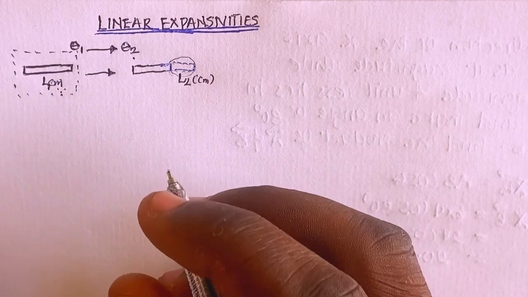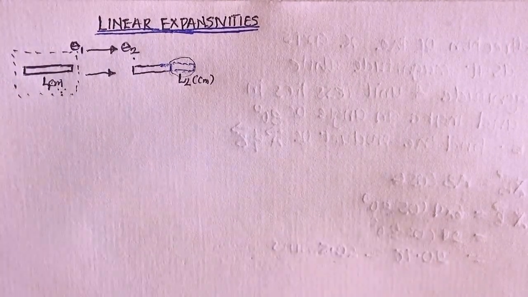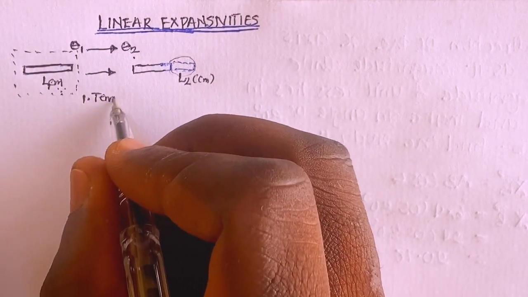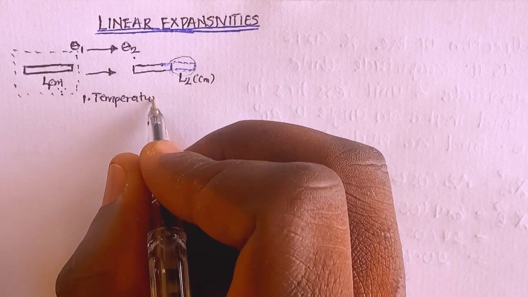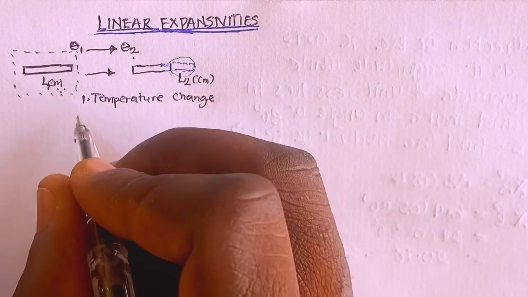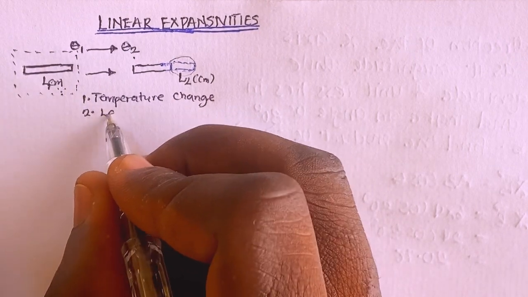So what happens is that we are going to note two changes in this case. The first change is temperature change, and also there is length change.